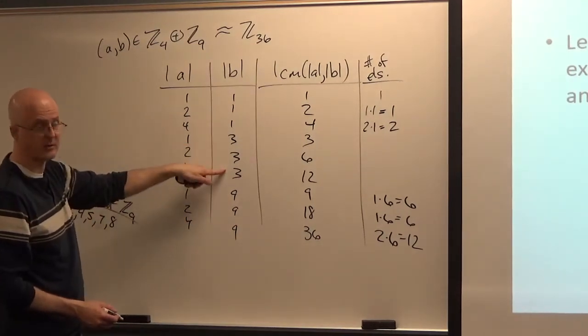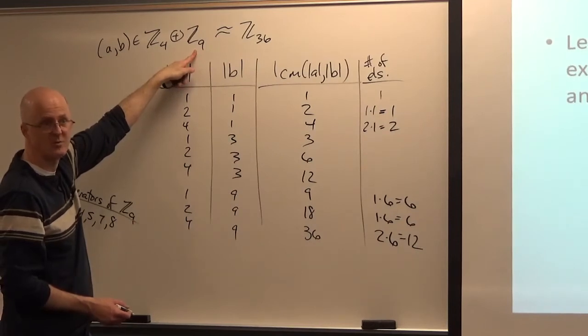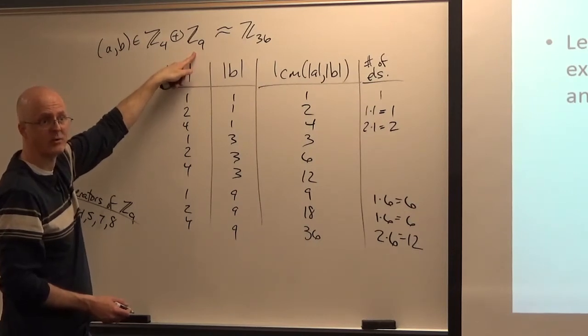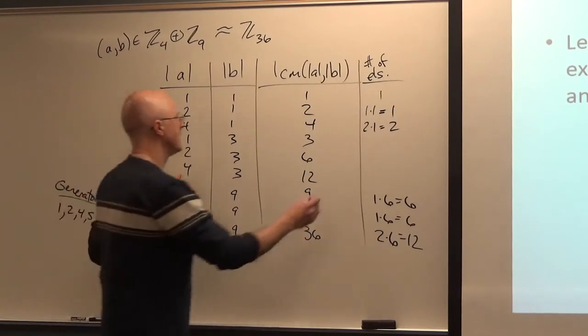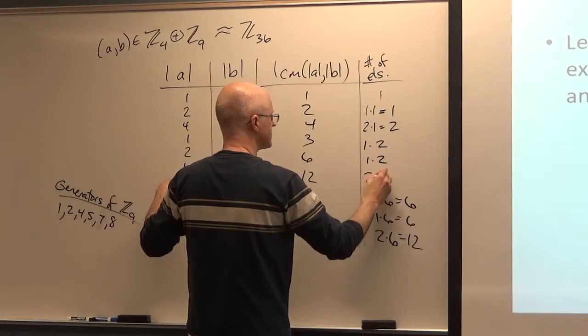There's 2 elements of order 3 in Z9. Euler phi of 3 is 2. They would be what? 3 and 6. The elements in Z9 that have order 3. 2 of them there, 1, 1, and 2 here. We get 1 times 2, 1 times 2, and 2 times 2.